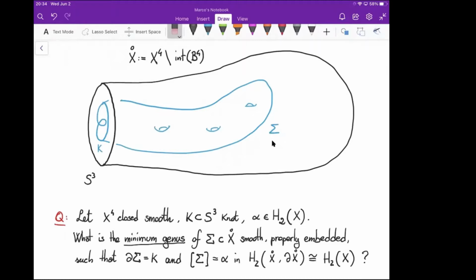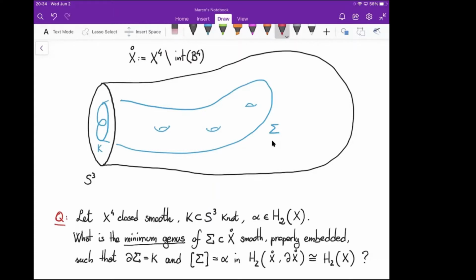Technically, sigma defines a homology class in the second relative homology of X circle relative to its boundary, but this is canonically isomorphic to the second homology of X. So this is the question.